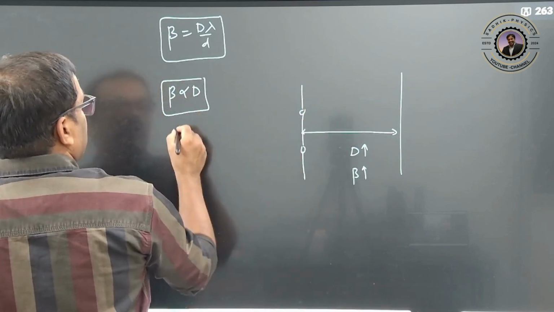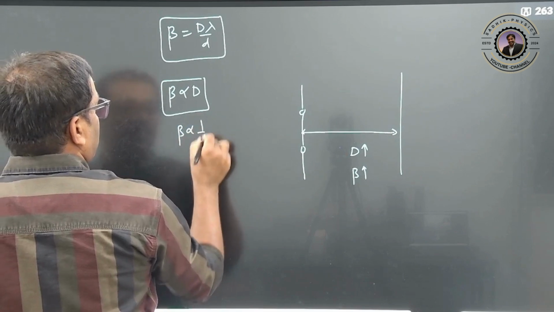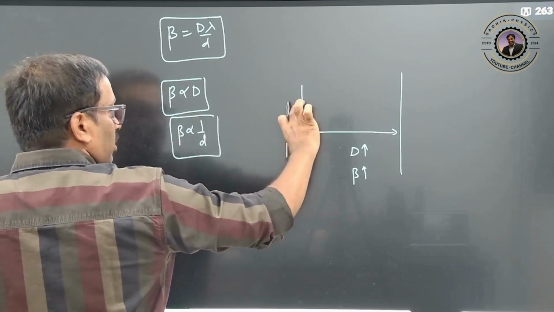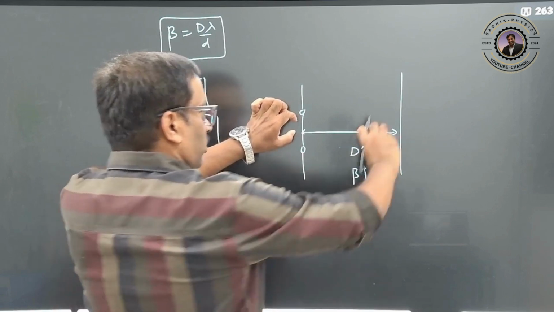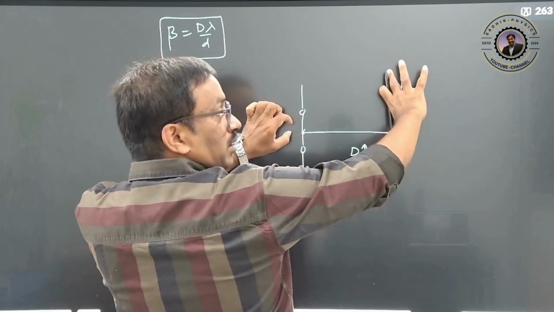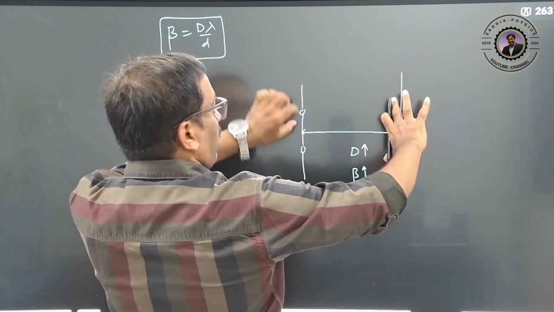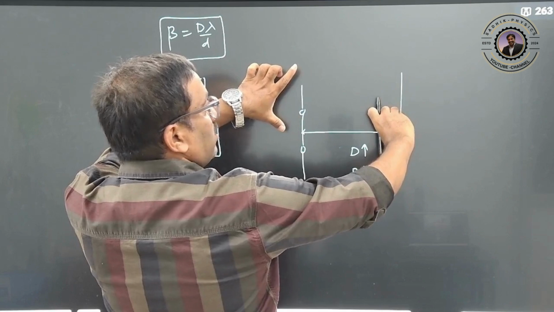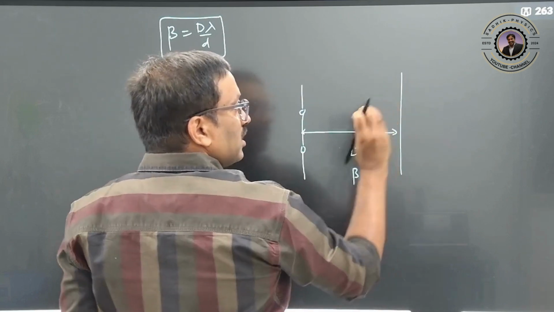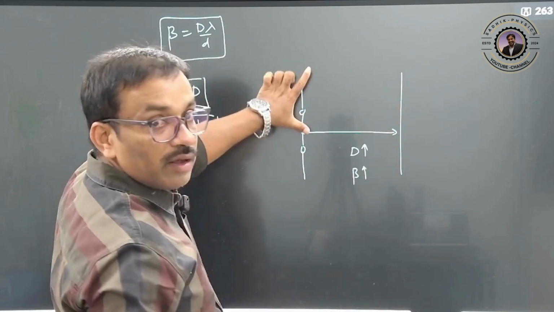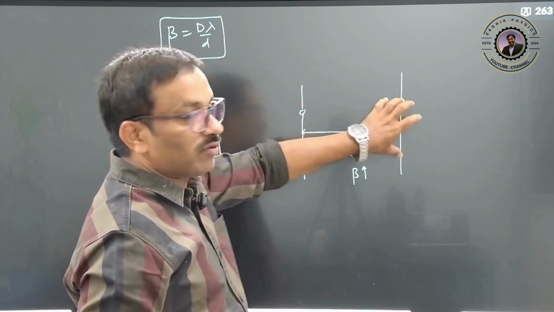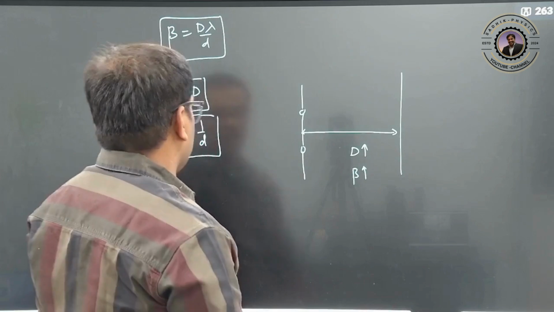And beta is inversely proportional to d. So therefore if the two slits are coming near to each other, the fringes are becoming larger. Clear?